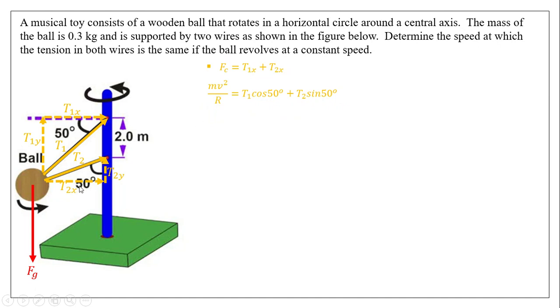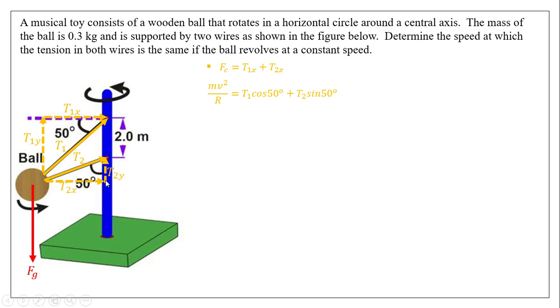I don't know what the radius is yet, but what I can do is substitute out T1x and T2x. So for T1x, the angle touching the horizontal axis for T1 is given as 50 degrees. So T1x would just be cosine because it is the adjacent leg, and adjacent is cosine.